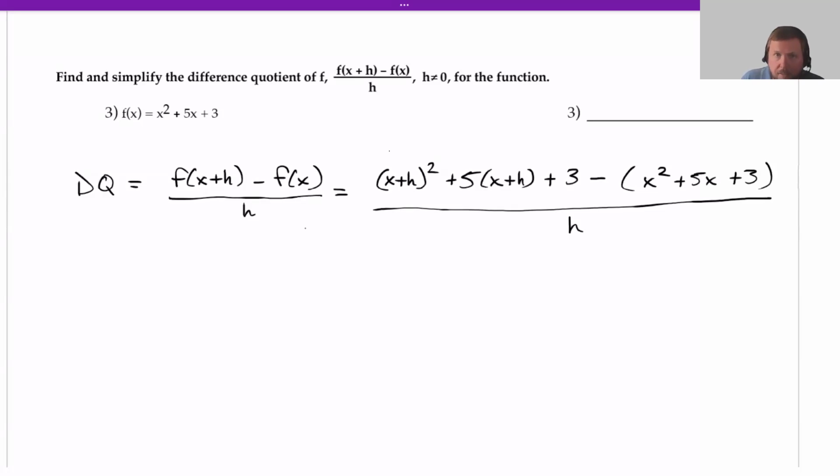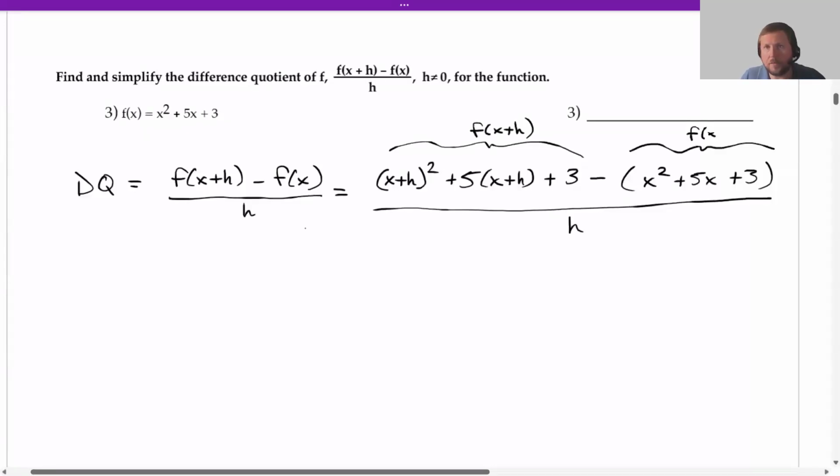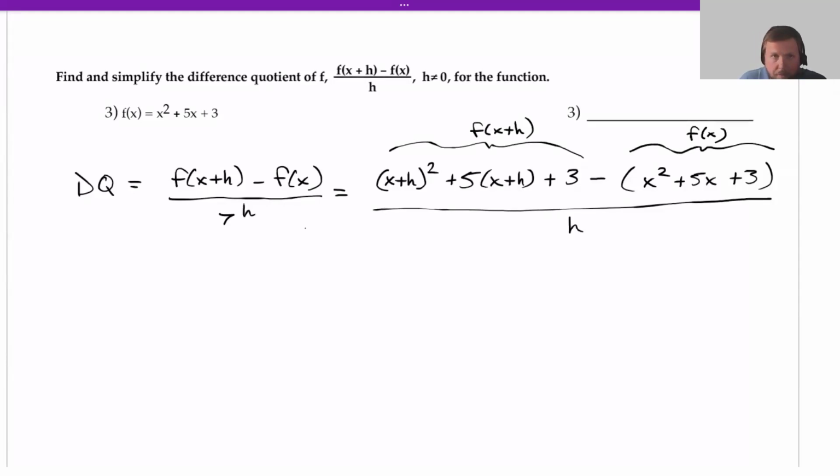So this is the f of x plus h. This, you can see, is the original function. Now, your goal with any one of these problems is to cancel the h in the denominator.